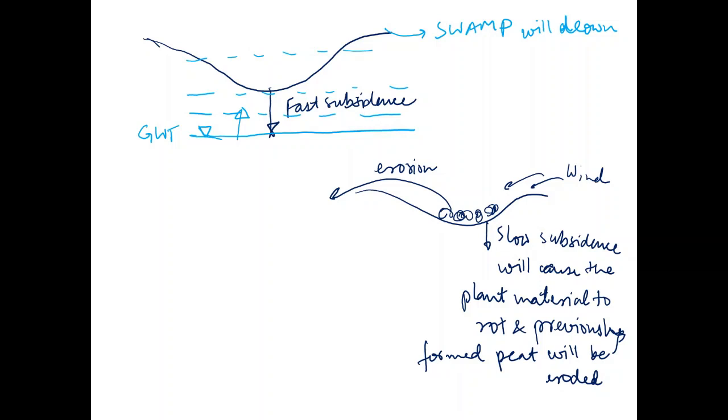Okay. So for the formation of peat, you now saw the various conditions which are important. For the formation of peat, it is important that the groundwater must be stagnating.